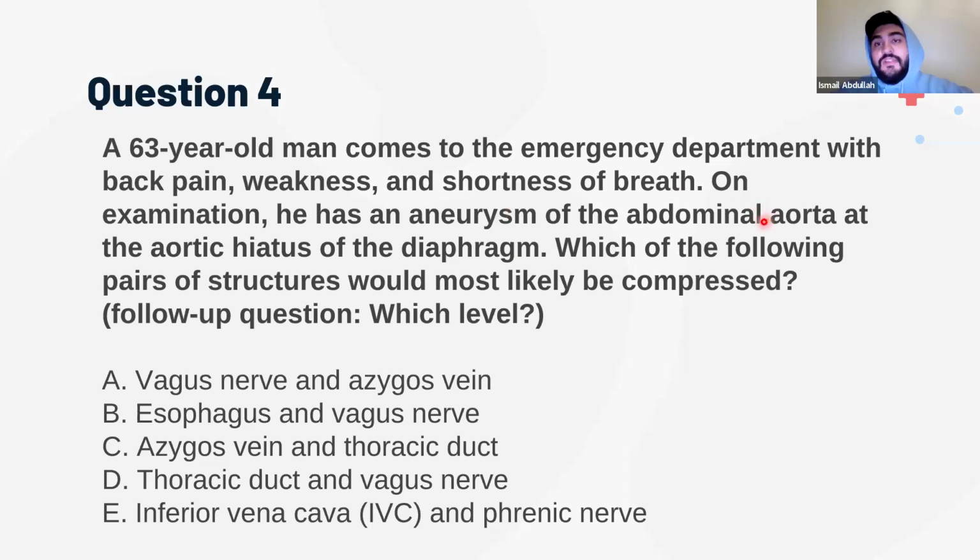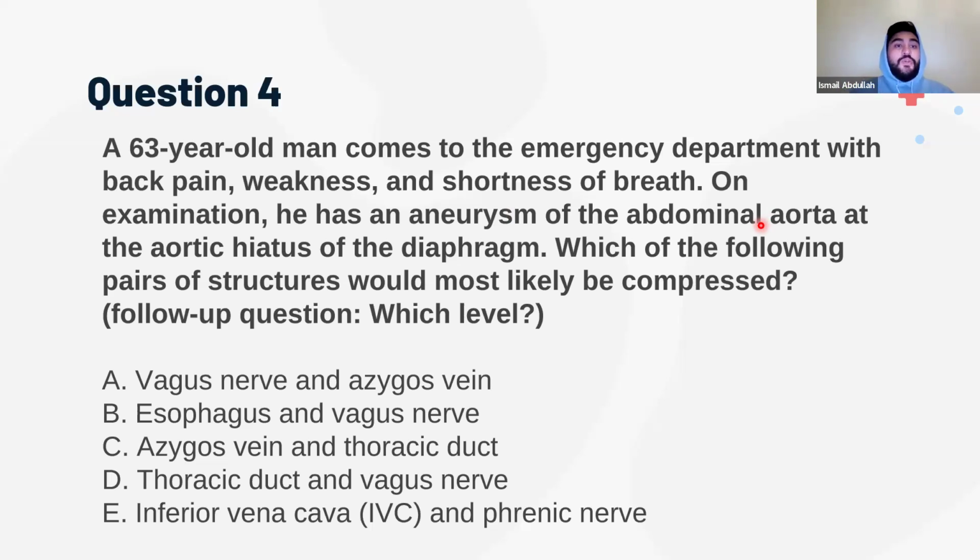When we say aneurysm of the abdominal aorta, it's basically when the walls of the aorta, the blood vessel itself, the artery, weakens. When it weakens, it's going to dilate, and that's going to form a pulsatile mass in the abdomen, which is the AAA, abdominal aortic aneurysm.